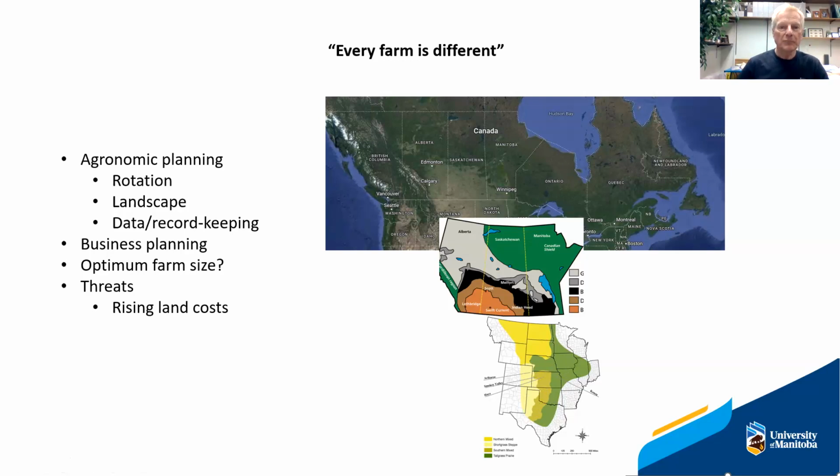Sorghum biologically is more heat tolerant than corn, so it makes sense. Every farm is different, not only based on vast differences of geography, but also differences of family culture, of community, of the family, age, etc.